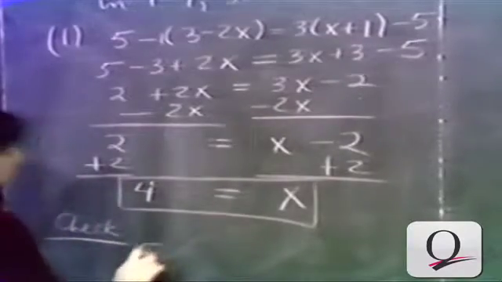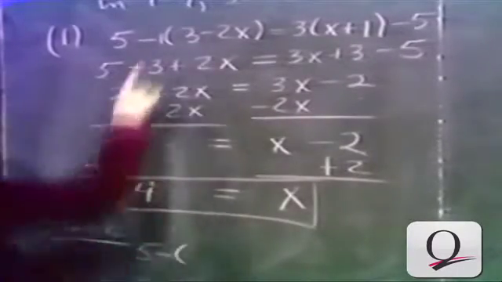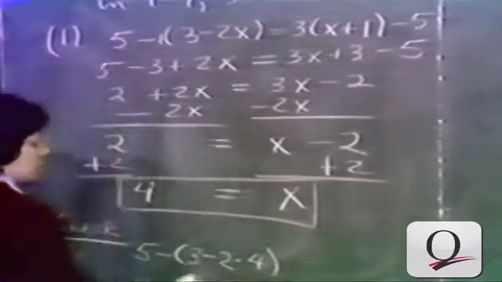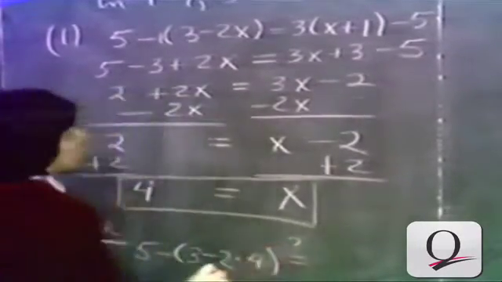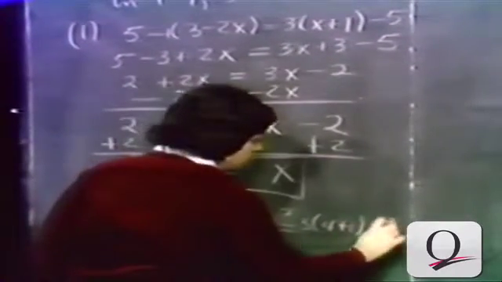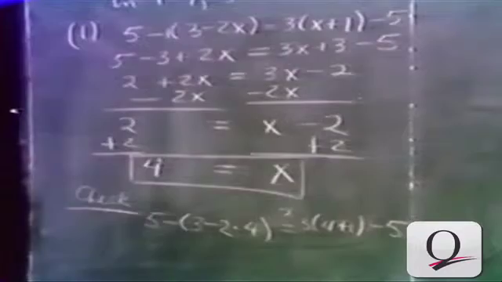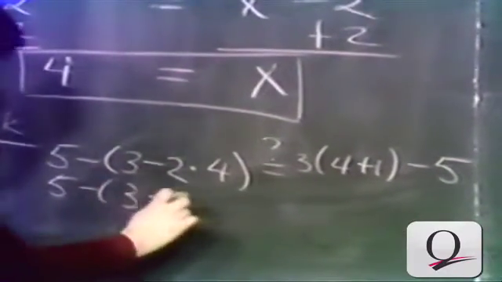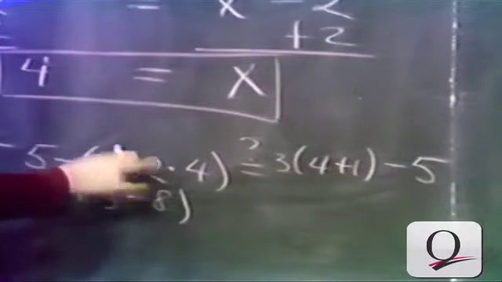5 minus, in parentheses, 3 minus 2 times x, 2 times 4, should be equal to 3 times 4 plus 1 minus 5. Okay, let's see what we have. 5 minus 3 minus 8. It's not 3 minus 2, 1 times 4.